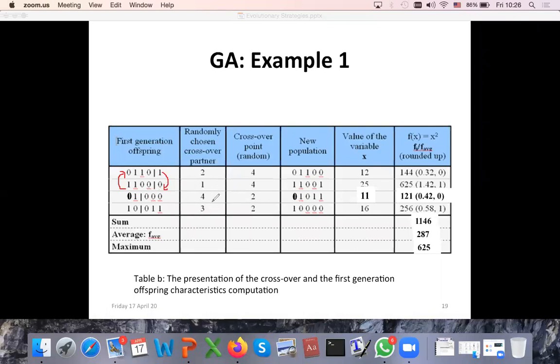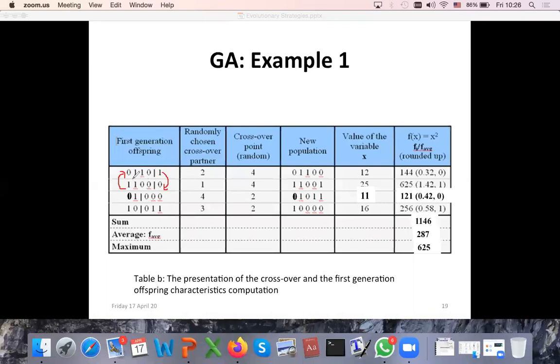All this is something that I just explained in a previous session. And then there is a crossover point which we have to select randomly.